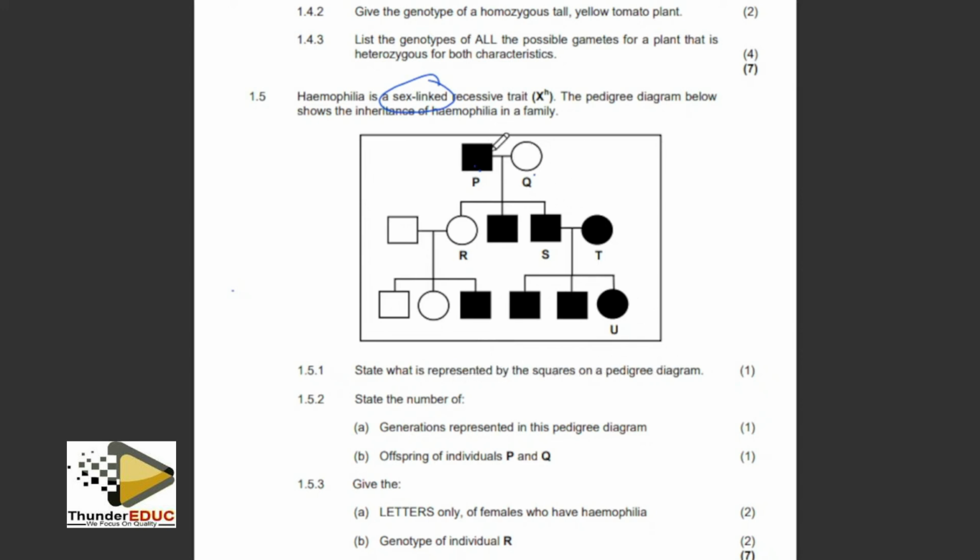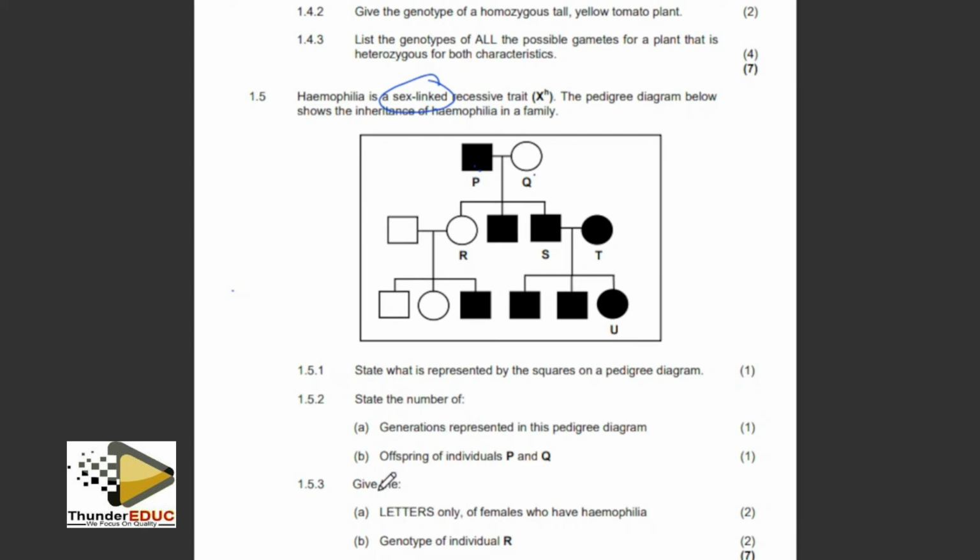We have said the circle means a female. State the number of generations. We have talked about them. There are 3 generations. Offspring P and Q. State the number of offspring of P. The same thing: this one and this one only got married into that family. So they are intruders.